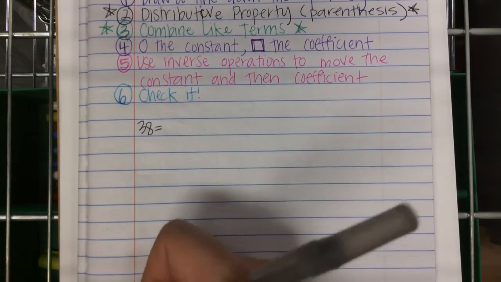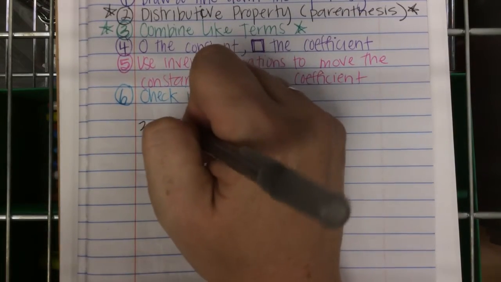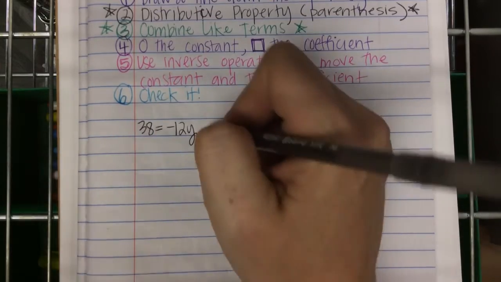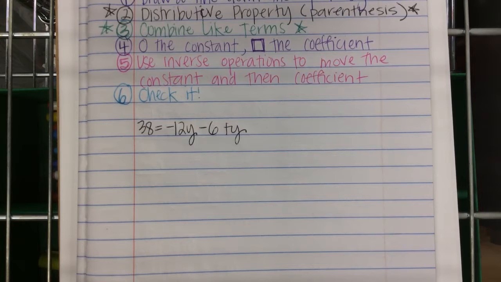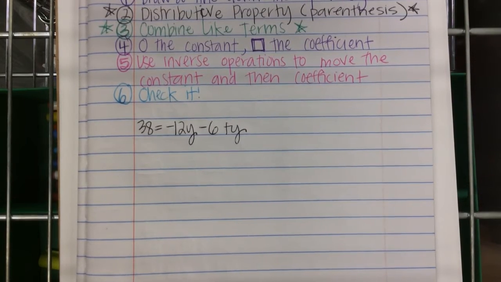Let's practice. 38 equals negative 12y minus 6 plus y.